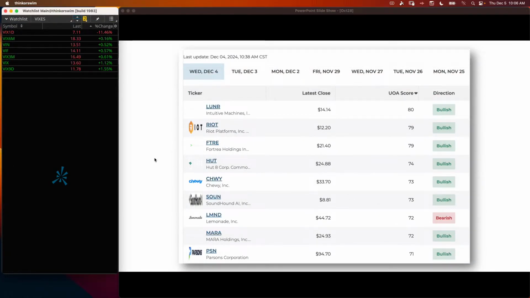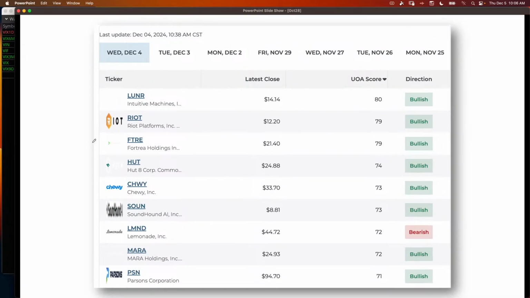Let's move on, and I want to walk you through the process that I use to research and find trades, and then sharing those trades with our community. This is our advanced notice tool. Our advanced notice tool gives us advanced notice about unusual options activity, really big option orders in the market.